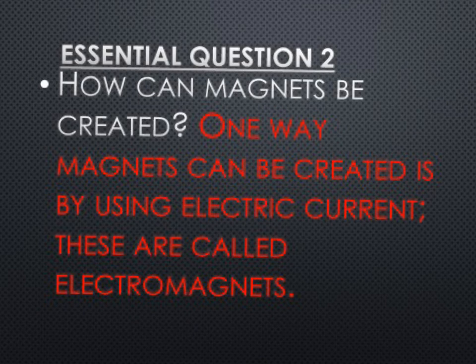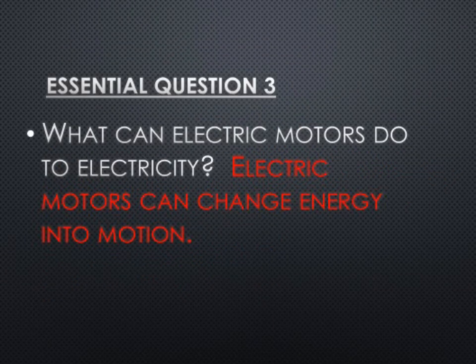One way magnets can be created is by using electric current. These are called electromagnets. And our last essential question, what can electric motors do with electricity? Electric motors can change energy into motion and then power those things that we love and use every single day.